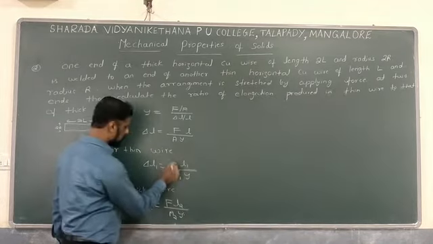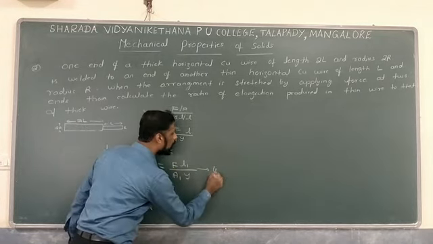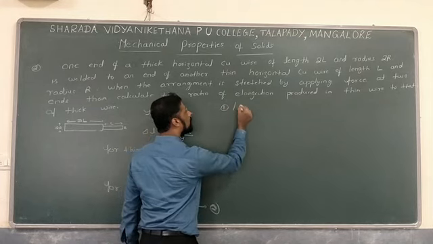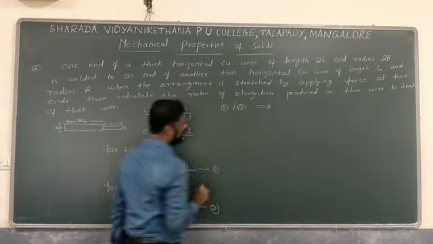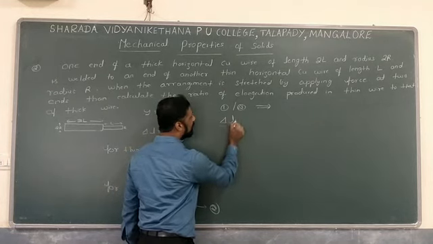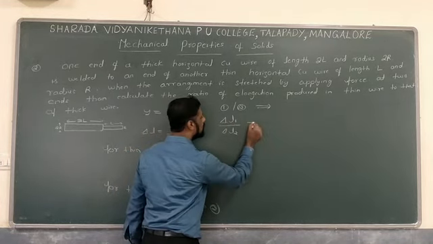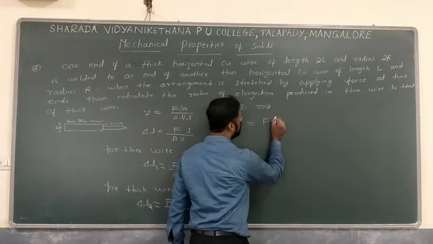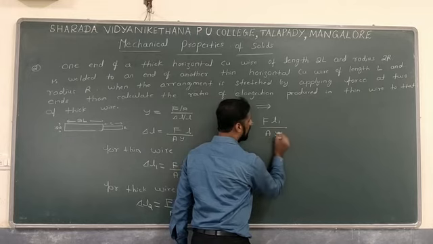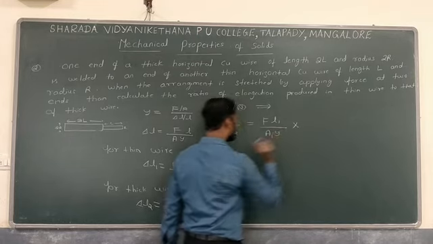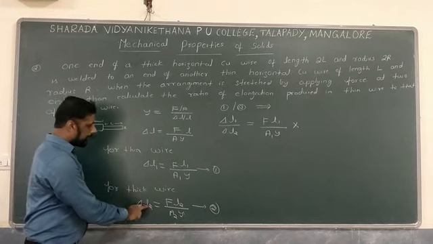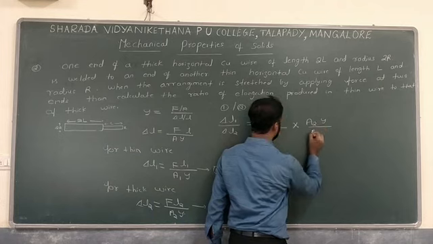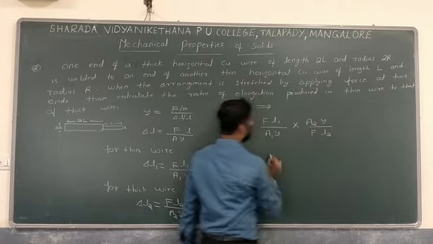Now divide equation 1 by 2. This implies delta L1 divided by delta L2 is equal to F into L1 divided by A1 into Y, multiplied by A2 into Y divided by F into L2.